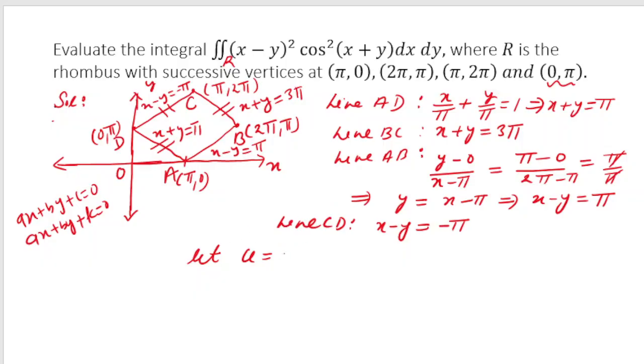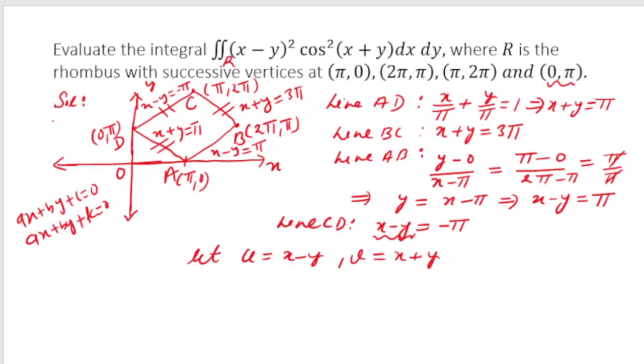So I'm taking u is equal to x minus y, and I'm going to take v is equal to x plus y. So if I do that change, what will happen is that u will vary from minus pi to pi, because x minus y is u, and v will vary from pi to 3 pi.